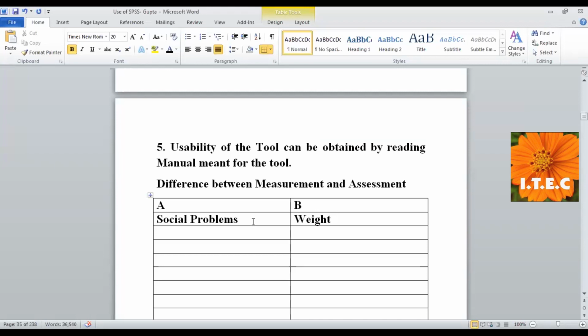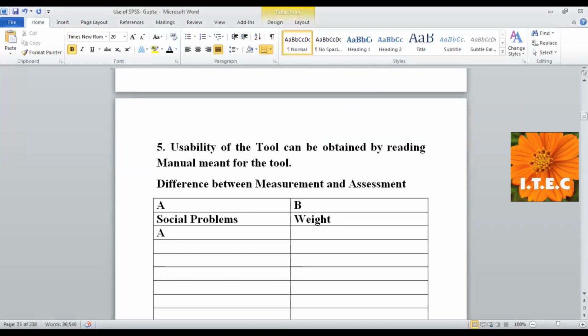So now you can think what might be the characteristic of the variable which I have given under A, and what might be the characteristic of variable which I have given under B. Do not write, just think.